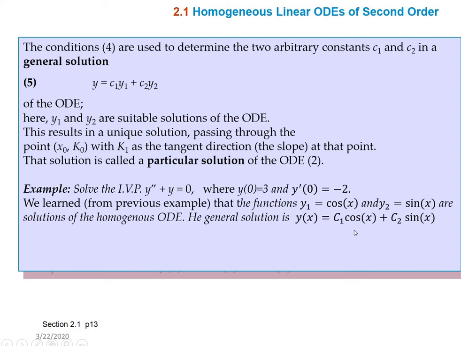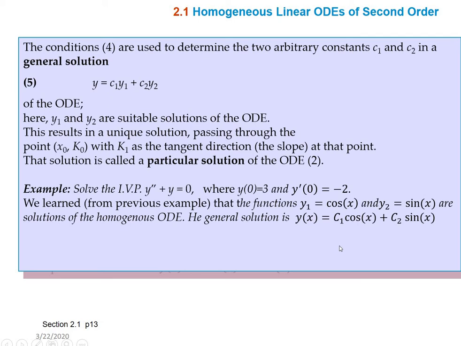So this is going to be your general solution. Since I do have an initial value problem, I have two initial conditions, one for y and one for y prime. Basically, you need to substitute 0 for x over here, and you will be able to find C1. Since I have y prime, differentiate this y and plug in x equals 0 to find the other constant. In some cases, you might need to solve the two equations.